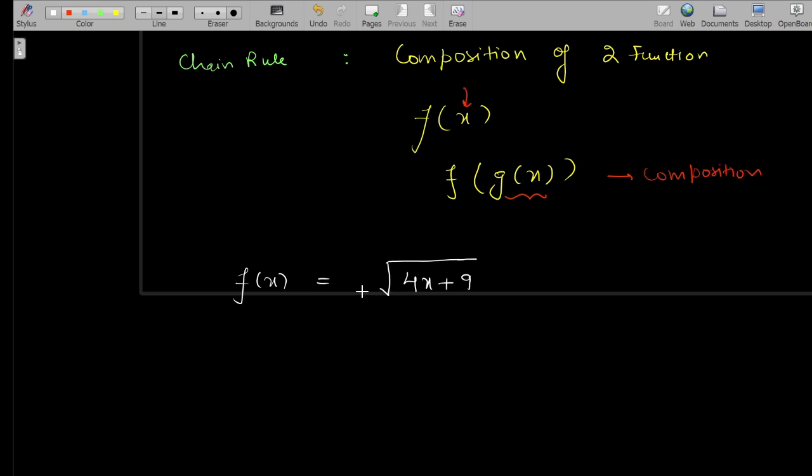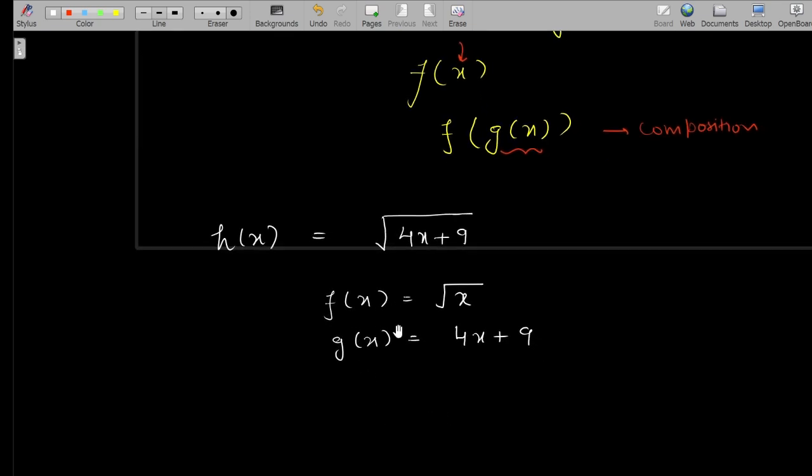Your original function, now see, let me call this h of x. Now there was an original function f of x which was simply square root of x, and there was another function g of x which was a linear function 4x plus 9.